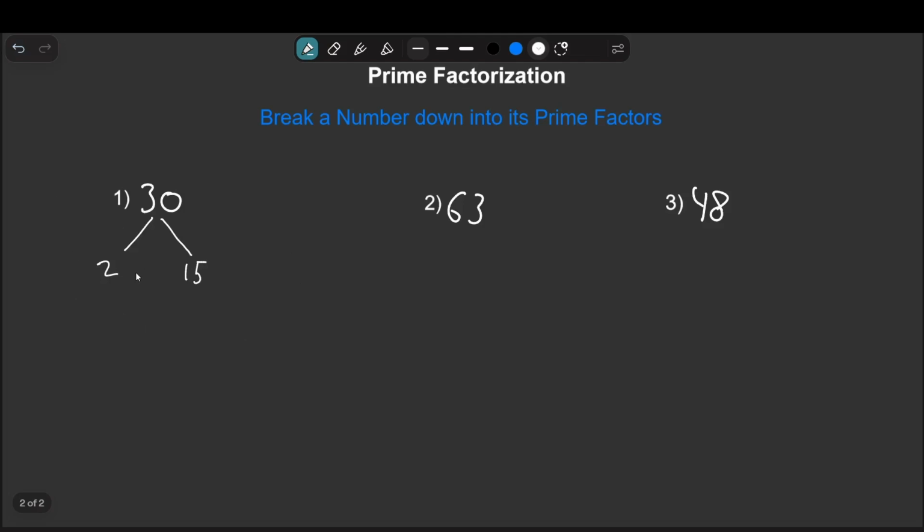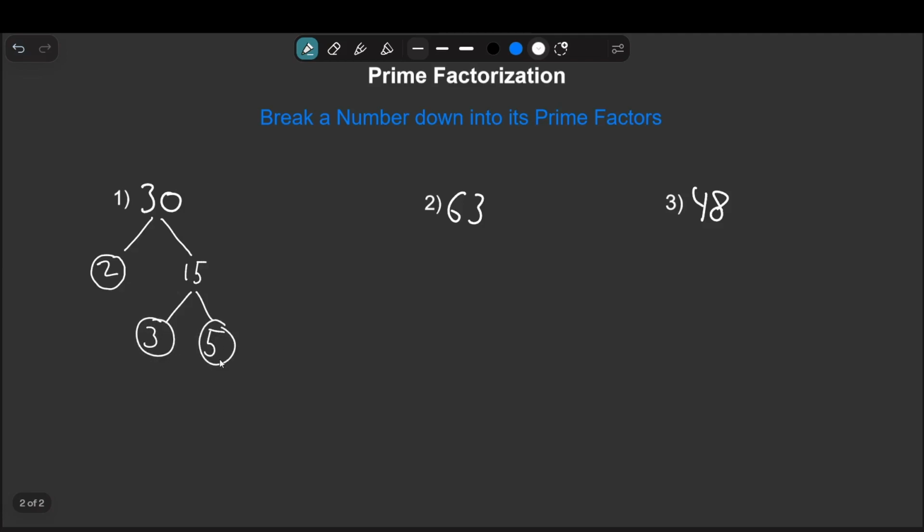As we know, 2 times 15 equals 30, so this one is correct. But the 2 is already prime, so we're done with that. Now we're going to break down the 15 once more. 15, we can take 3 and 5.